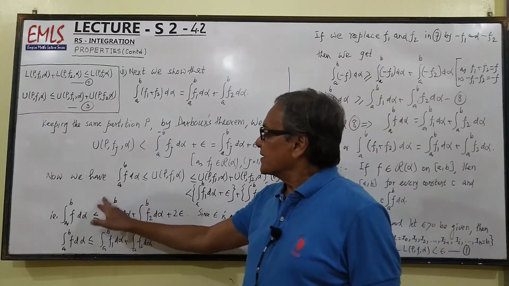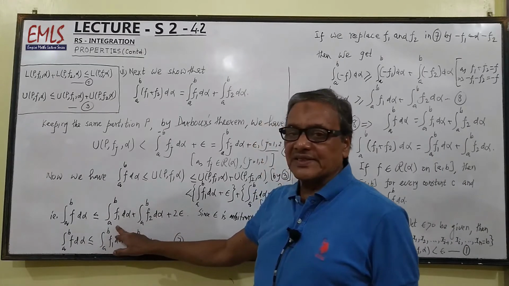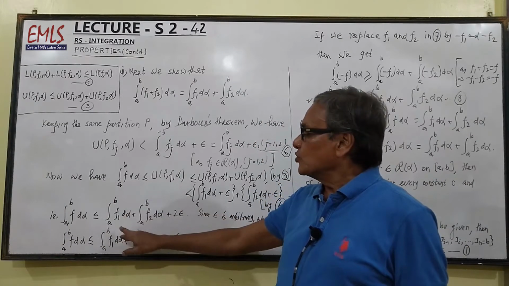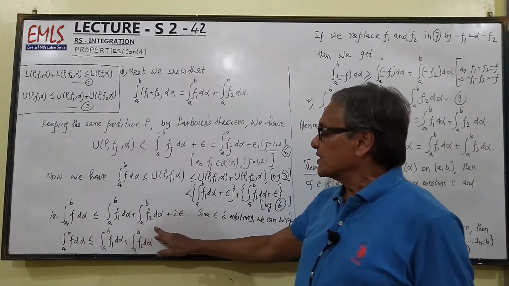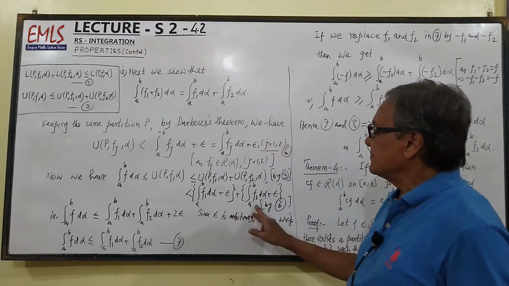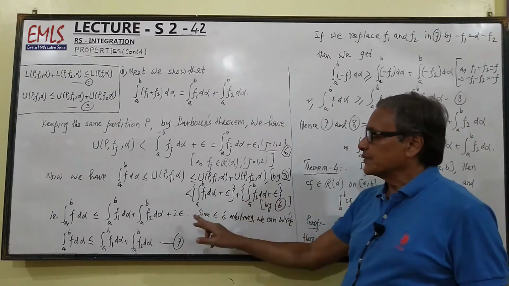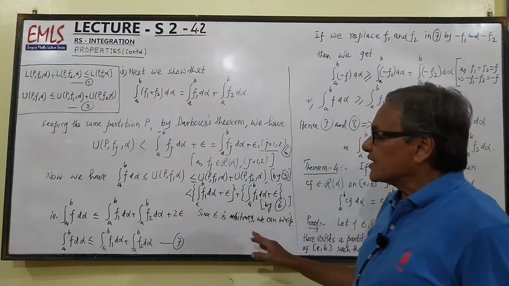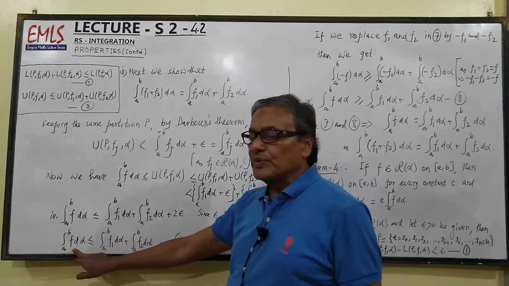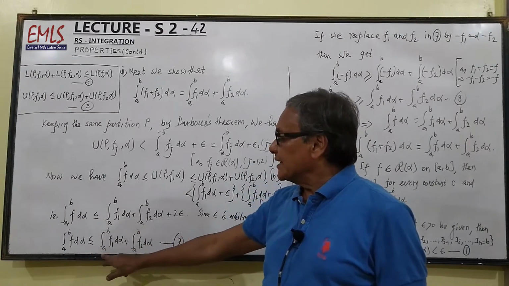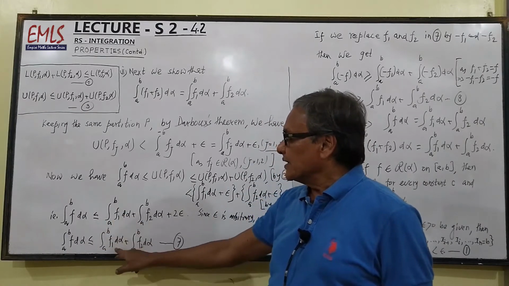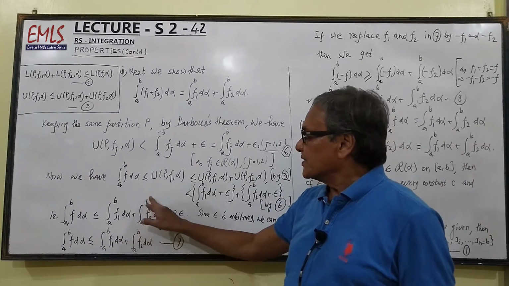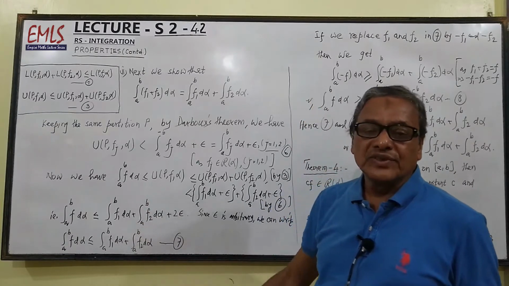That is, the integral from a to b of f d alpha is less than or equal to the integral from a to b of f1 d alpha plus the integral from a to b of f2 d alpha plus 2 epsilon. Since epsilon is arbitrary, we can write the integral from a to b of f d alpha less than or equal to the integral from a to b of f1 d alpha plus the integral from a to b of f2 d alpha.